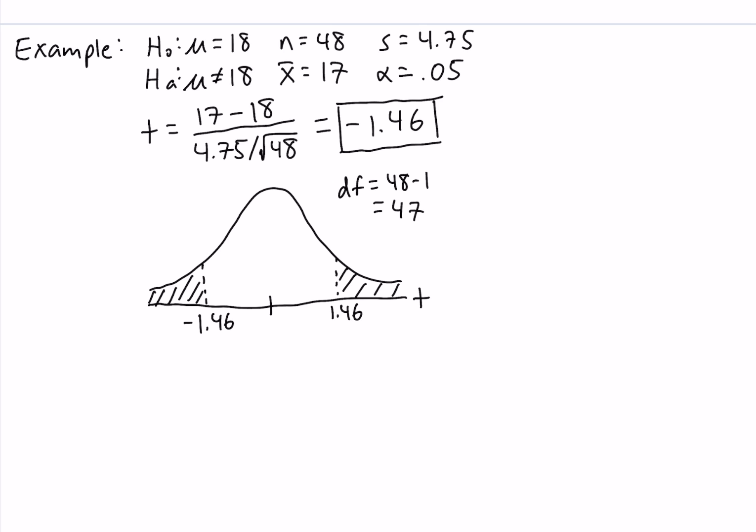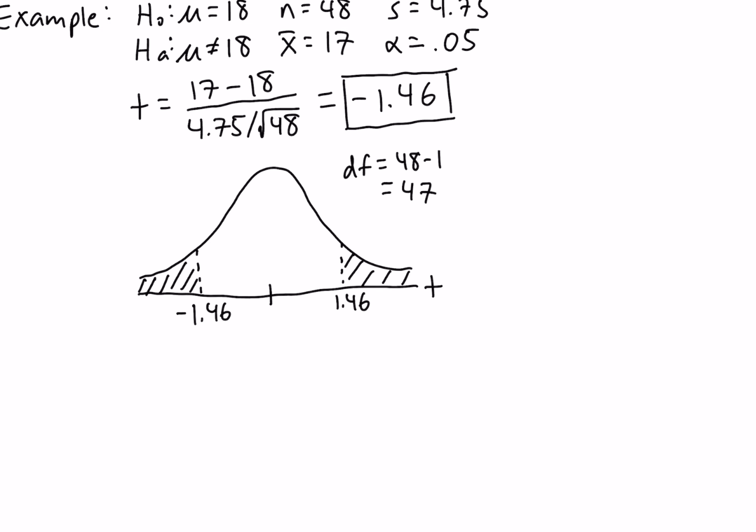Now, these areas are actually going to be equal, again, since the t-distribution is symmetric. So instead of finding the two areas separately, what we can do is find one of the areas and then double it. Since our t-table gives us the area to the right, it will be easier to find the area to the right of positive 1.46 than to find the area to the left of negative 1.46.